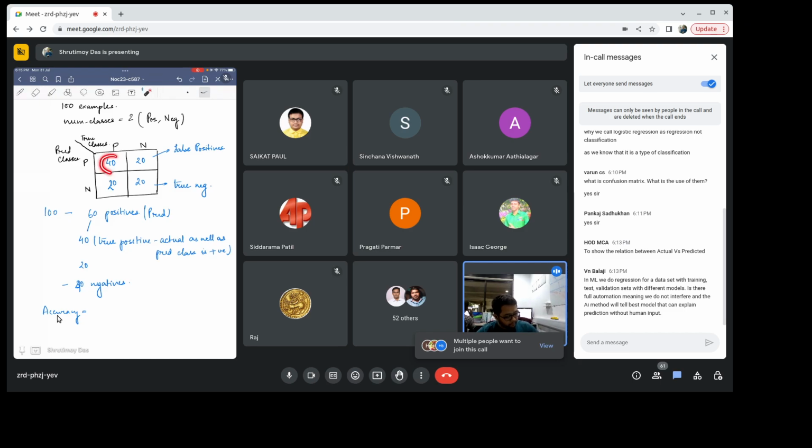These 40 examples are correctly predicted. These 20 examples are correctly predicted. So our accuracy will be 40 plus 20 out of 100. So it is 0.6. Similarly, we can compute the other metrics such as precision or recall using this confusion matrix. Is it clear, Varun?